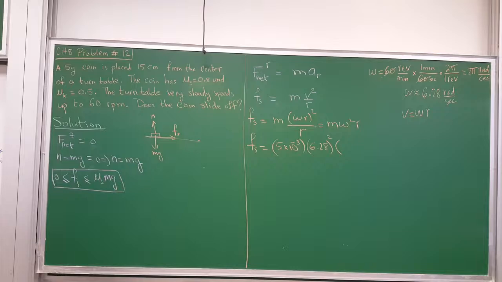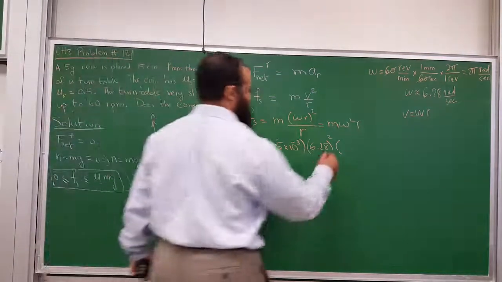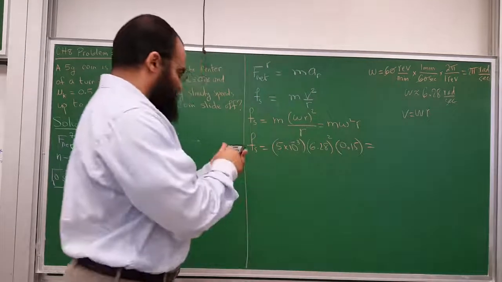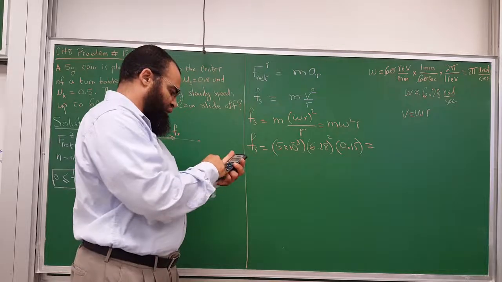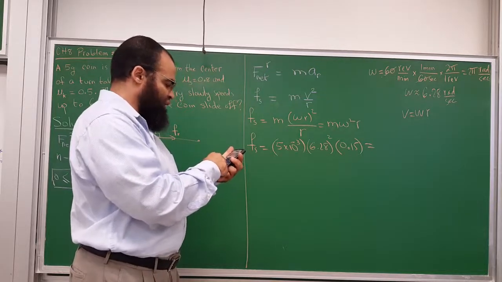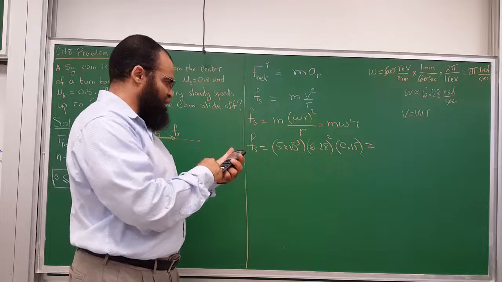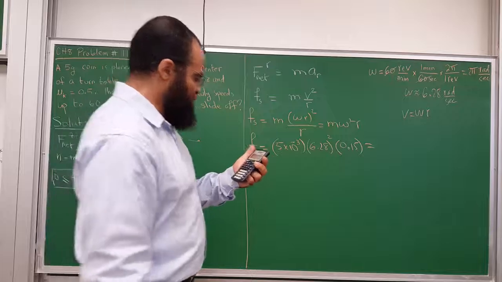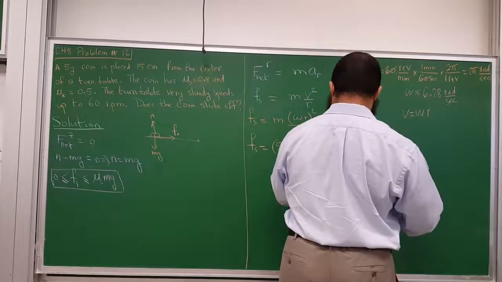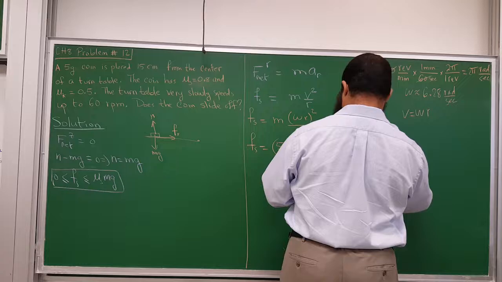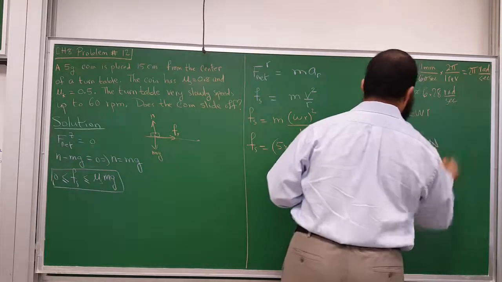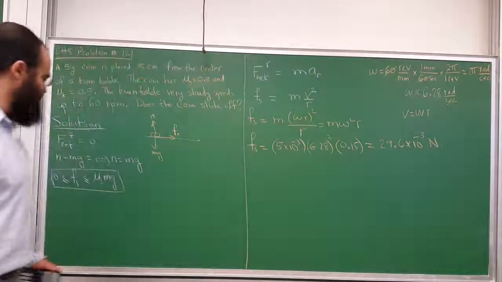I forget what the r was. 15 centimeters from the center, so r is 0.15 meters. So let's square omega and multiply by 0.15, and then multiply by 5, and so I get 29.6 times 10 to the minus 3 newtons. That's the force of static friction needed.